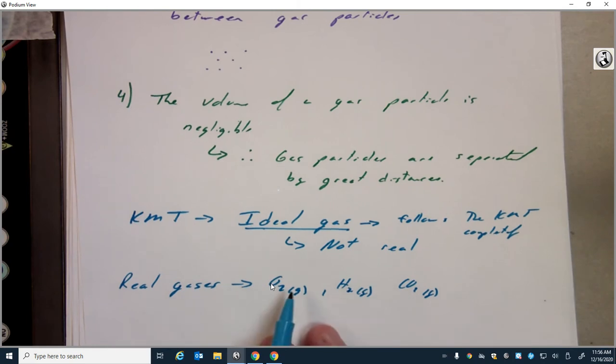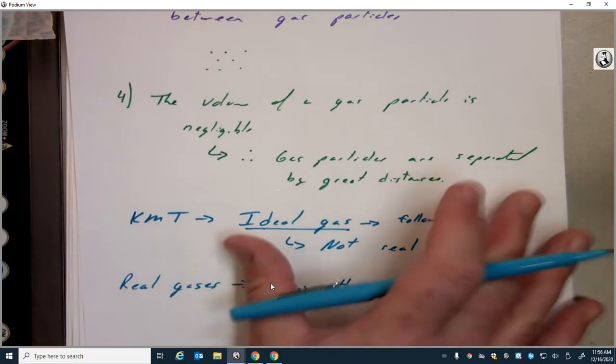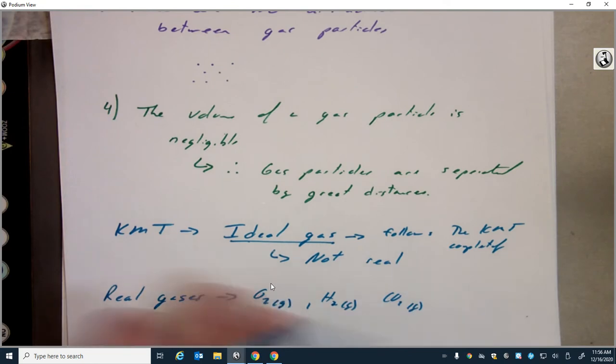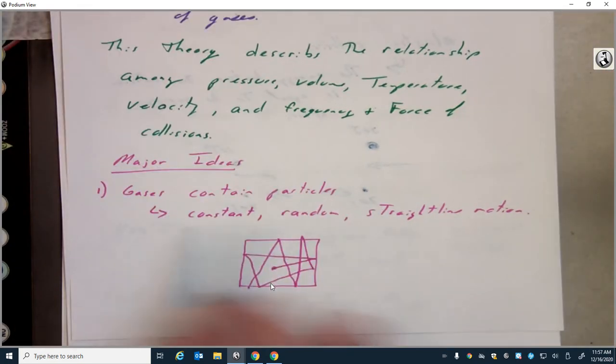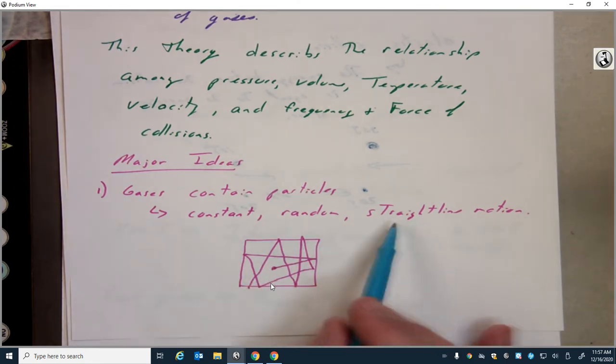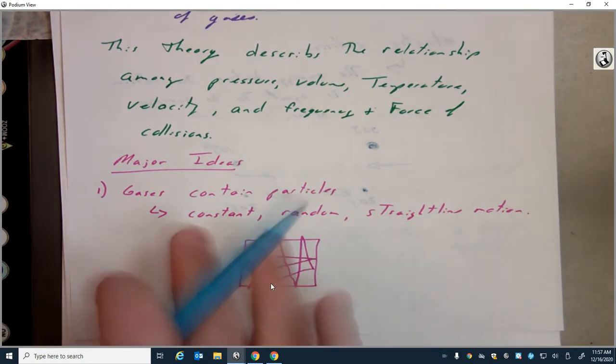Now, these guys don't completely follow the KMT. It's because there are some issues with this KMT. And if we go back through them, number 1 isn't a problem most of the time. We know that the particles are in constant random straight line motion. That's okay, all right?